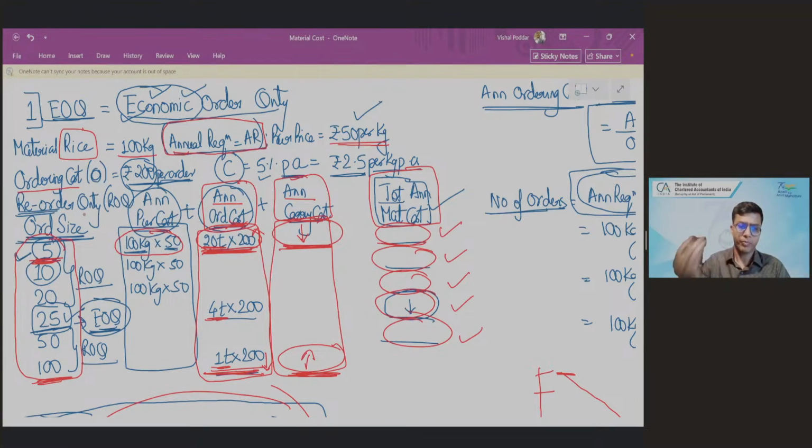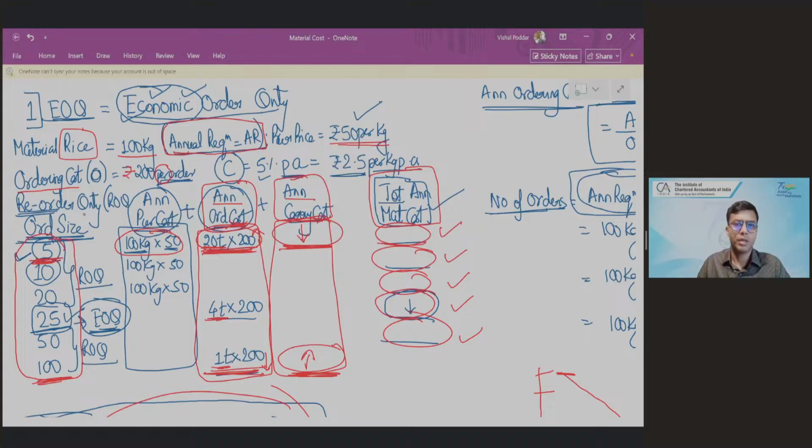Now, this may be automated, but still there is a cost which you incur every time you place an order. That is the ordering cost, which is always given as cost per order, because it is incurred every time you go to the market and place the order.